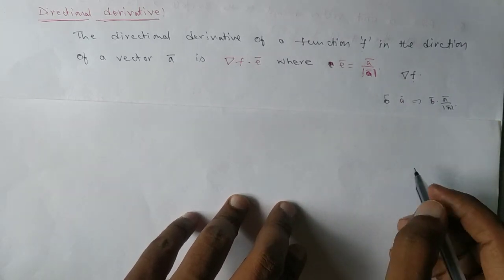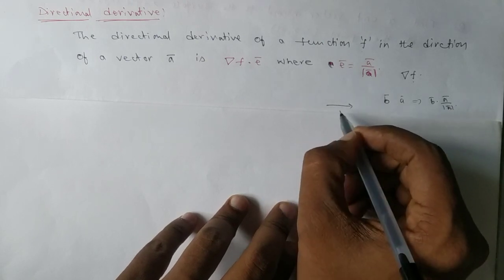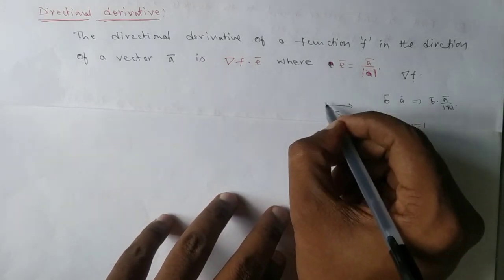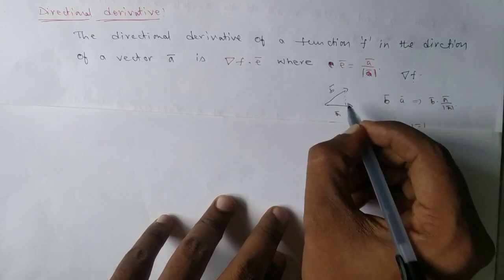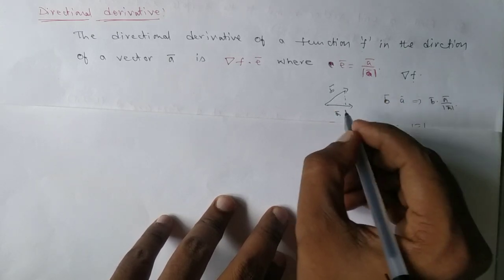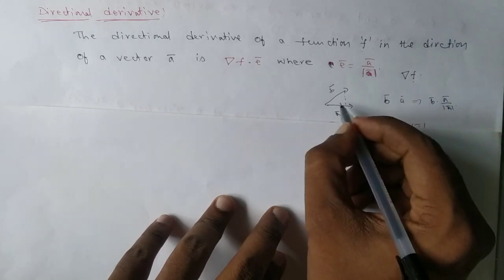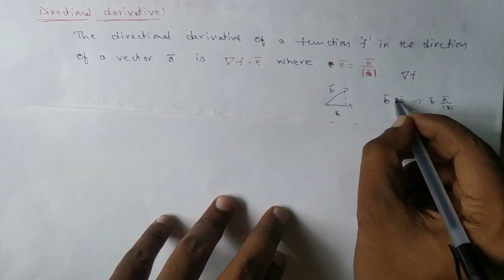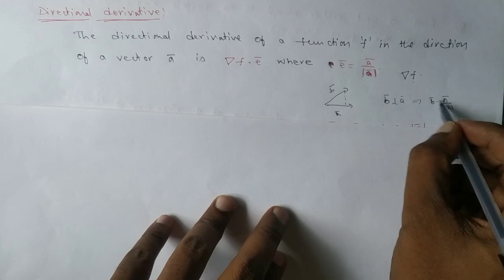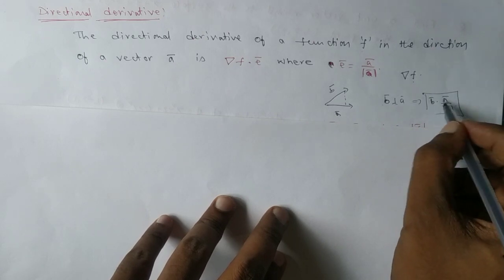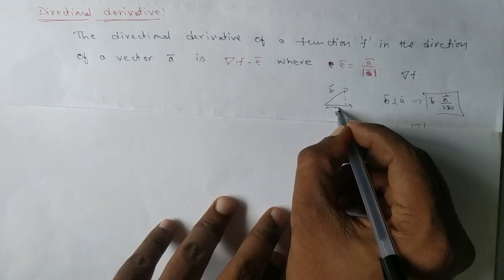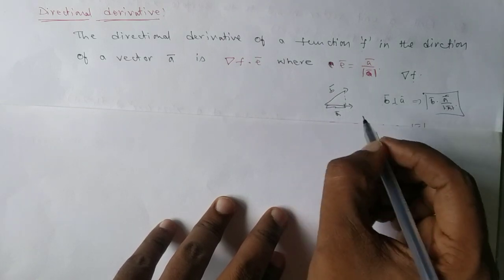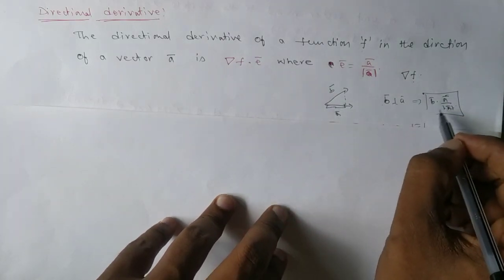So this is one vector quantity, a bar, and the other quantity is b bar. If you want the projection of b bar onto a bar, it gives b bar dot a bar by modulus of a bar. So that is exactly the projection.